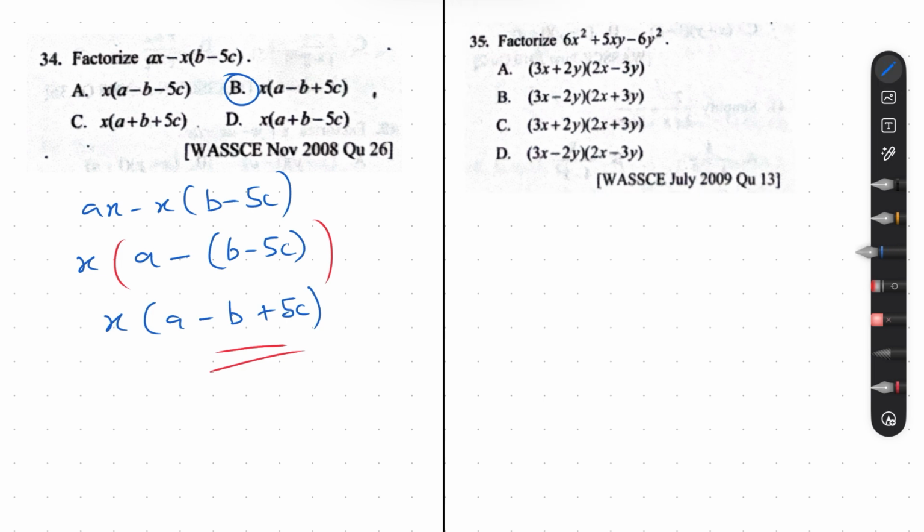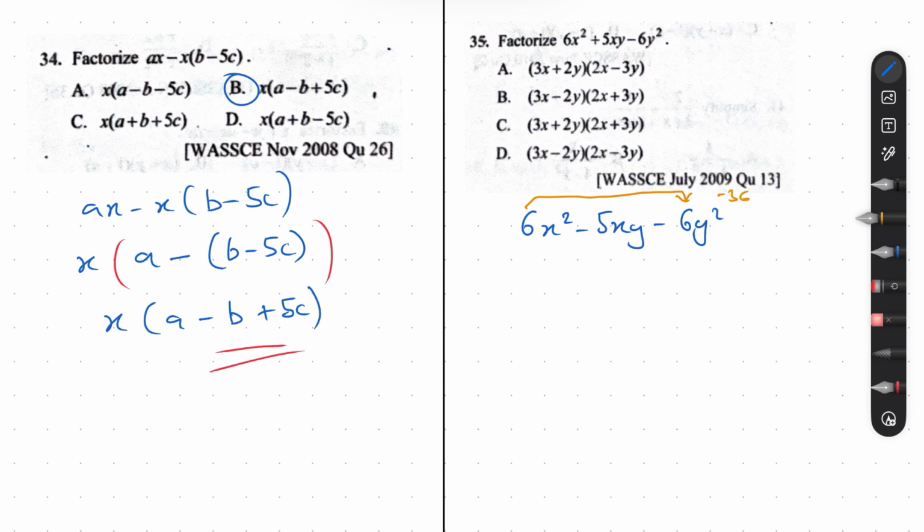So we have 6x squared minus 5xy minus 6y squared. So what do you do normally? We multiply the coefficient of x squared by this. What do you have? Negative 36.